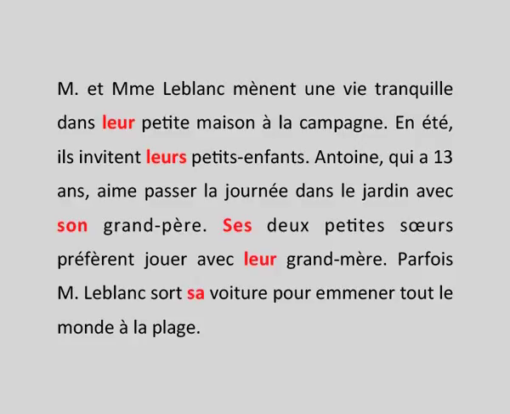Sometimes the noun is placed directly after the possessive adjective, as in leurs petits enfants, son grand-père, leur grand-mère, and sa voiture. And sometimes an adjective is placed between the possessive adjective and the noun, as in leur petite maison and ses deux petites sœurs. Each time, however, the possessive adjective agrees with the gender and number of the modified noun.